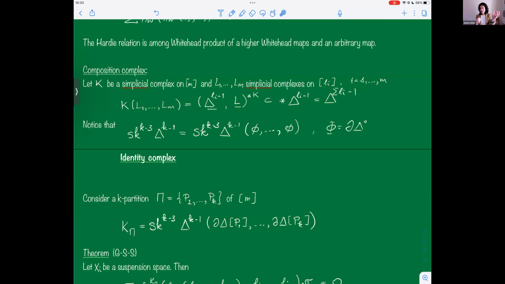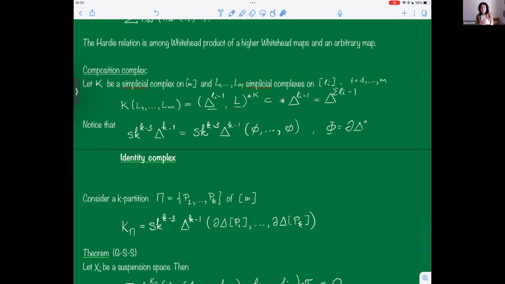In the first coordinate, we put the biggest simplicial complex we can, a simplex, and then we take some subcomplex L_i of a simplex. Taking into account these m pairs of simplicial complexes, we perform this joint polyhedral product over K, and the complex that we obtain we call the composition complex.